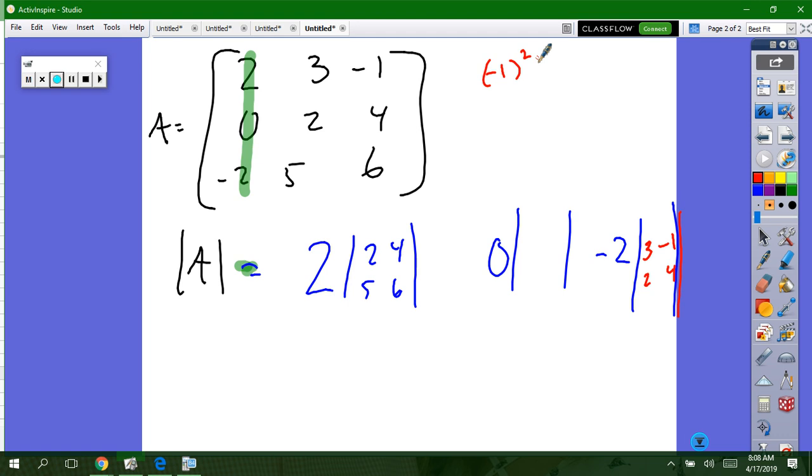What element's this one right here? Second row, first column. Right? So this is 2 comma 1. Does everybody understand that? Element second row, first column. So notice when I add 2 and 1 together, I get negative 1 cubed. And what is negative 1 cubed? Negative 1. So this is negative up there.